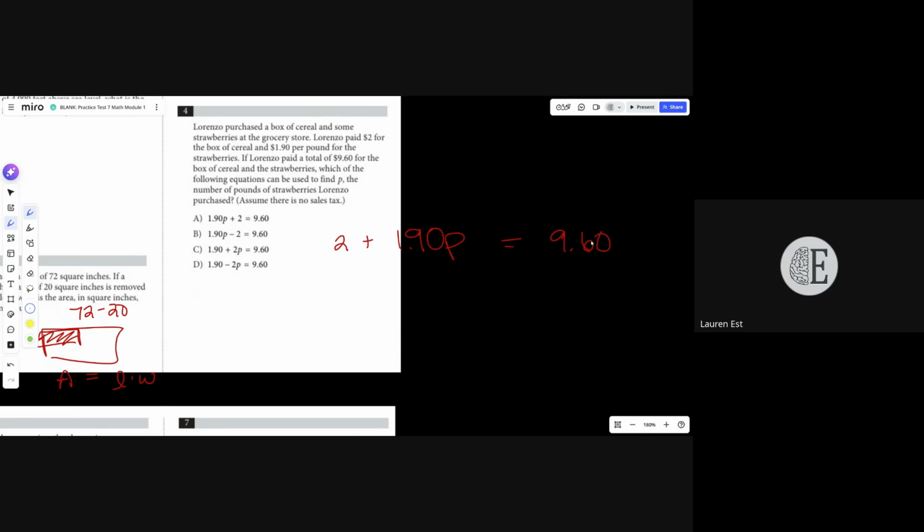It sounds like it's going to be a solving systems question, but it's not. It's just a two-step equation: which of the following can be used to find P? You don't even need to solve it, actually. That's awesome. So 2 is a standalone, right? We paid $2 for the box of cereal, 1.90P for however many pounds of strawberries, and then 9.60 was our total. Excellent. Easy peasy first page.